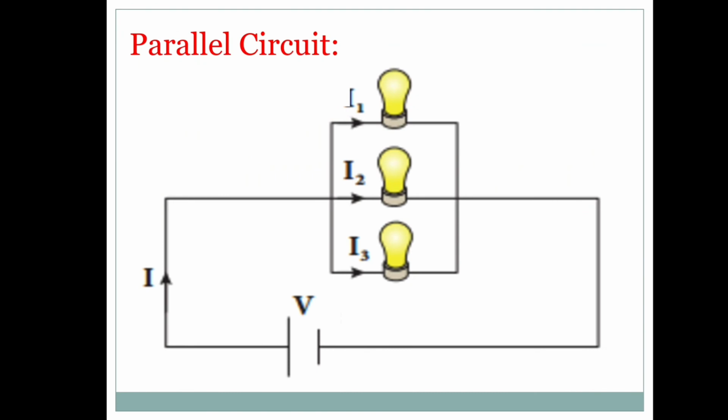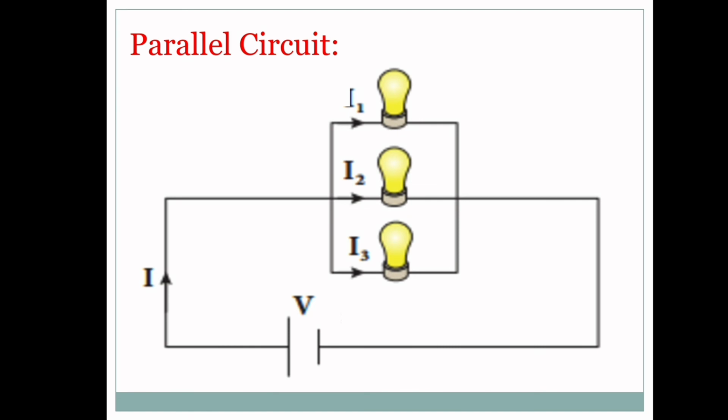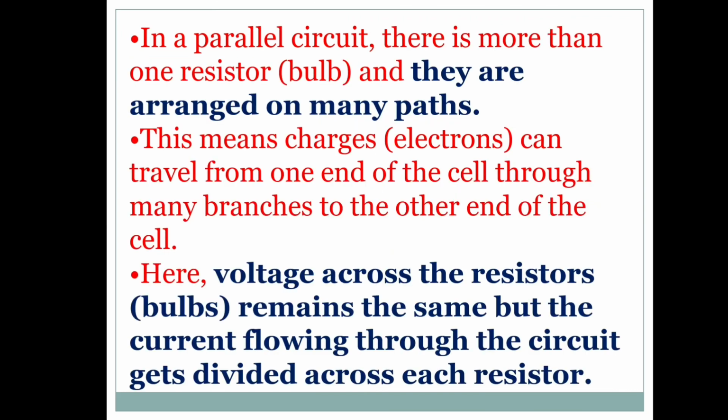Parallel circuit. So we have the parallel circuit here. This is the diagram that has to be drawn for a parallel circuit. In a parallel circuit, there is more than one resistor, bulb, and they are arranged on many paths.